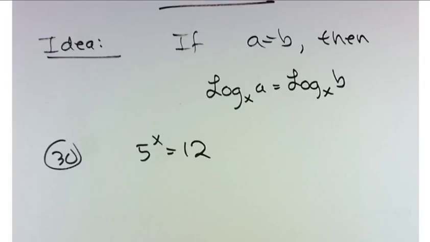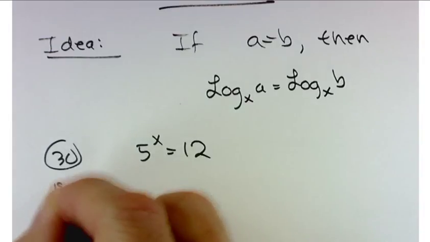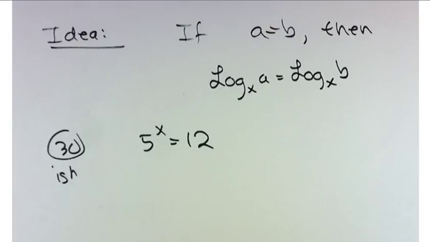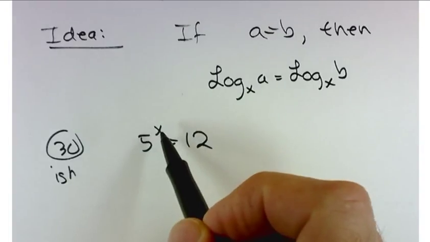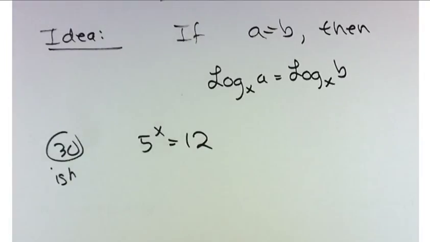Oh, did I copy the wrong one? Which one is it? 7 to the x? Yeah, the variable's in the exponent. So that's what makes it an exponential equation. All right, so we'll call this problem 30-ish then.